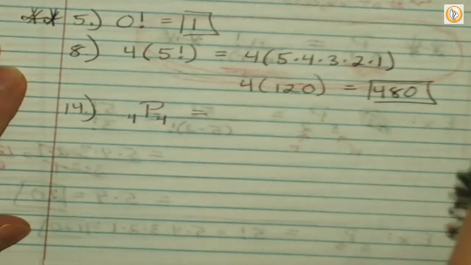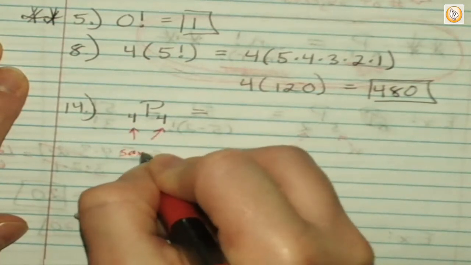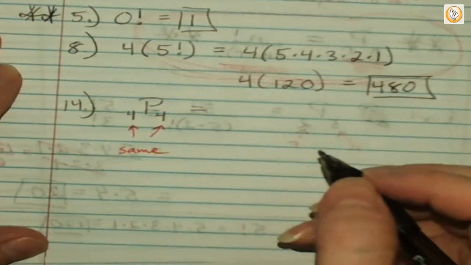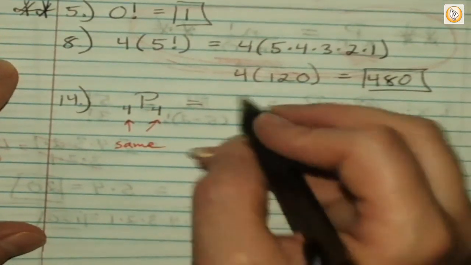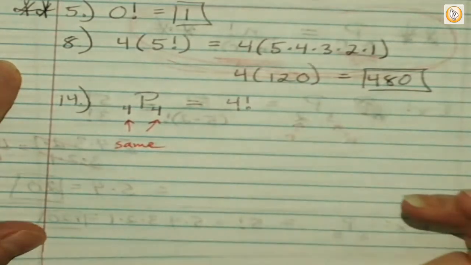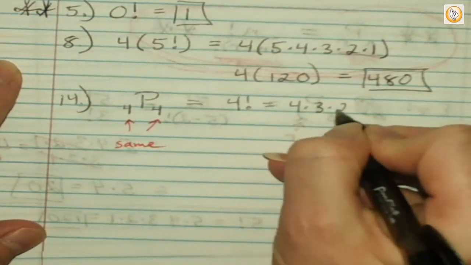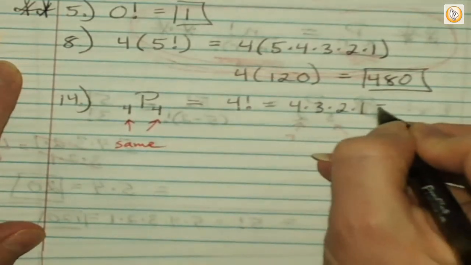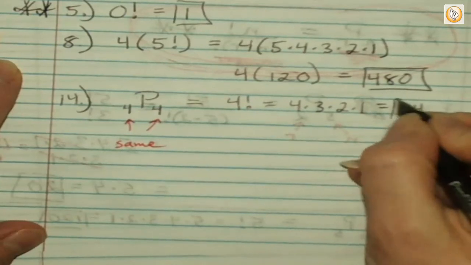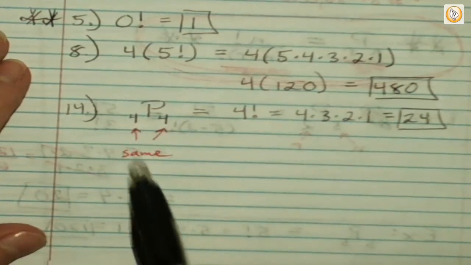If they're the same, you just do 4 times 3 times 2 times 1. One of those. 4 factorial, which is 4 times 3 times 2 times 1. 24. If they're the same, that's only when they're the same.